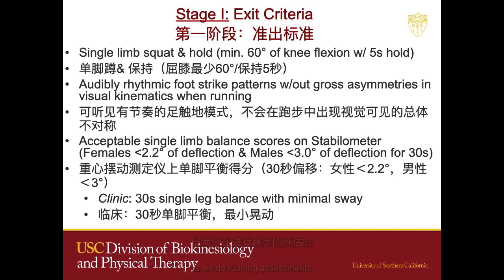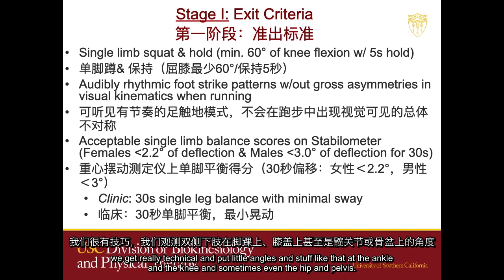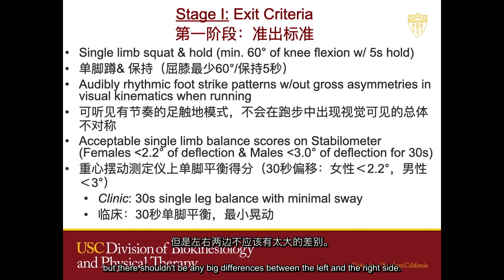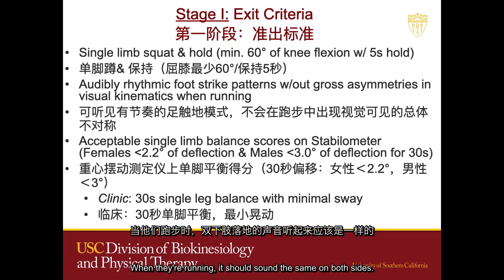As we do running assessments, we get really technical and put little angles at the ankle and the knee and sometimes even the hip and pelvis. We're not saying that you need to be exactly the same on both sides for these things, but there shouldn't be any big differences between the left and the right side. And again, when they're running, it should sound the same on both sides.